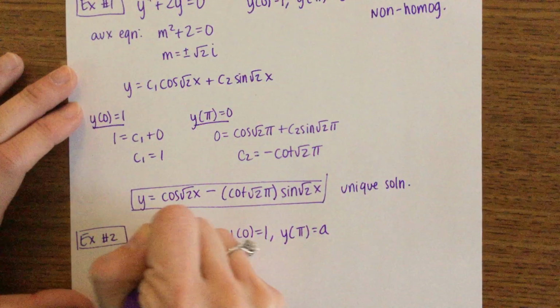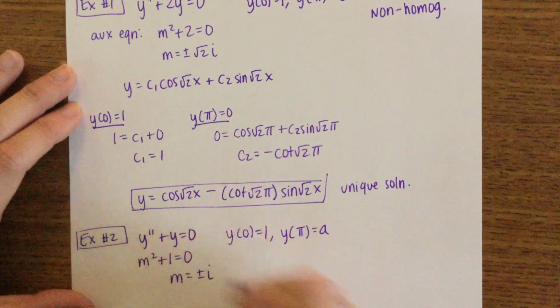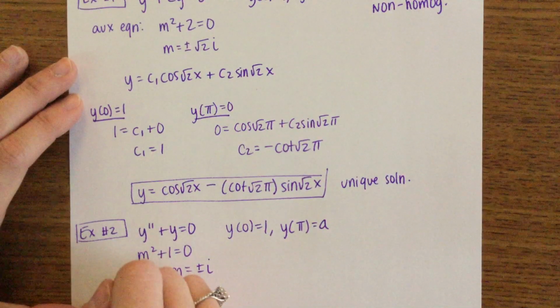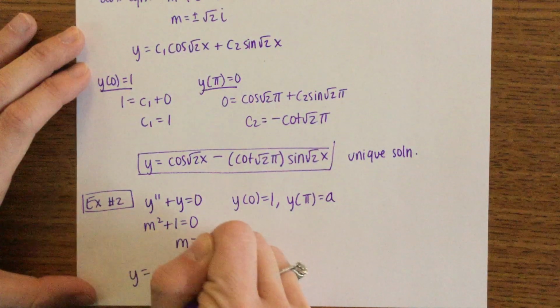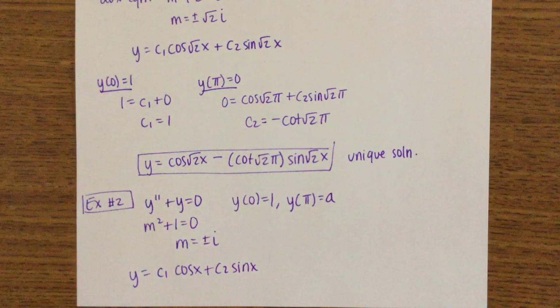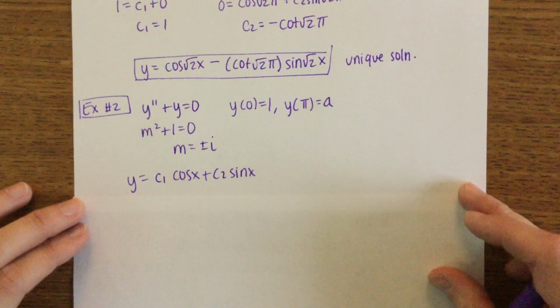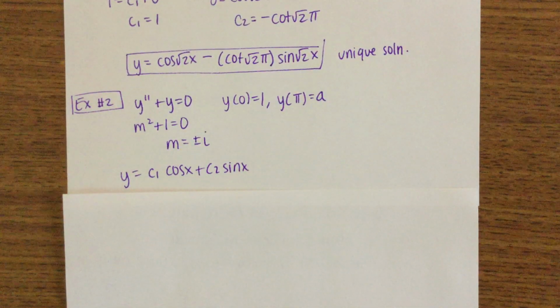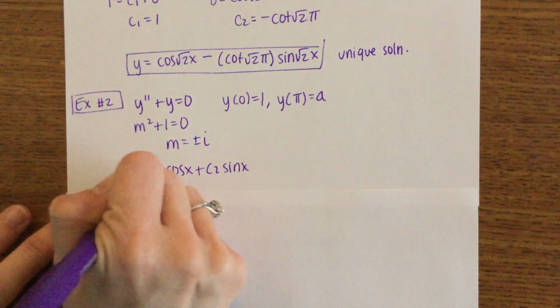So again, looking at the auxiliary equation, we get m squared plus 1 equals 0, m equals plus or minus i. So then y is equal to c1 cosine of x add c2 sine of x. Again, we are going to have to look at the two conditions.